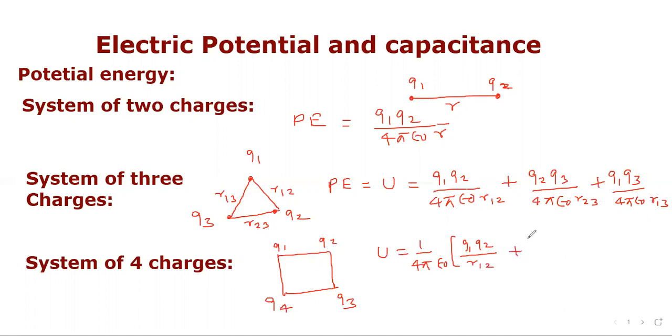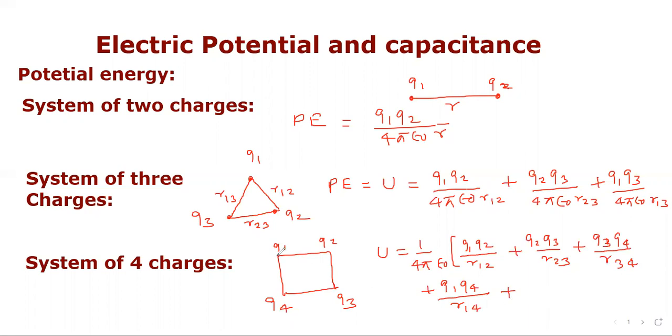Then next interaction Q2 Q3 divided by R23. Then Q3 Q4 divided by R34, interaction between these two. Then Q1 Q4 divided by R14.